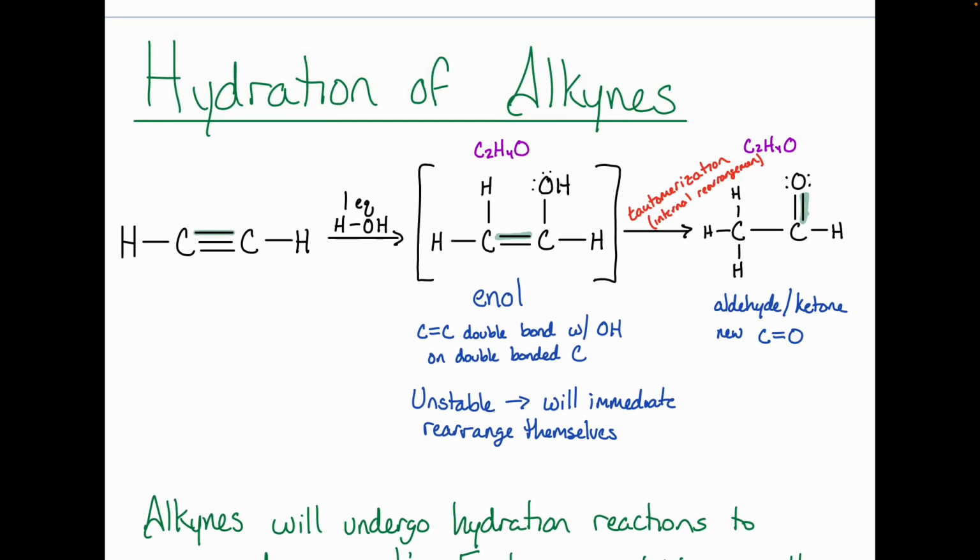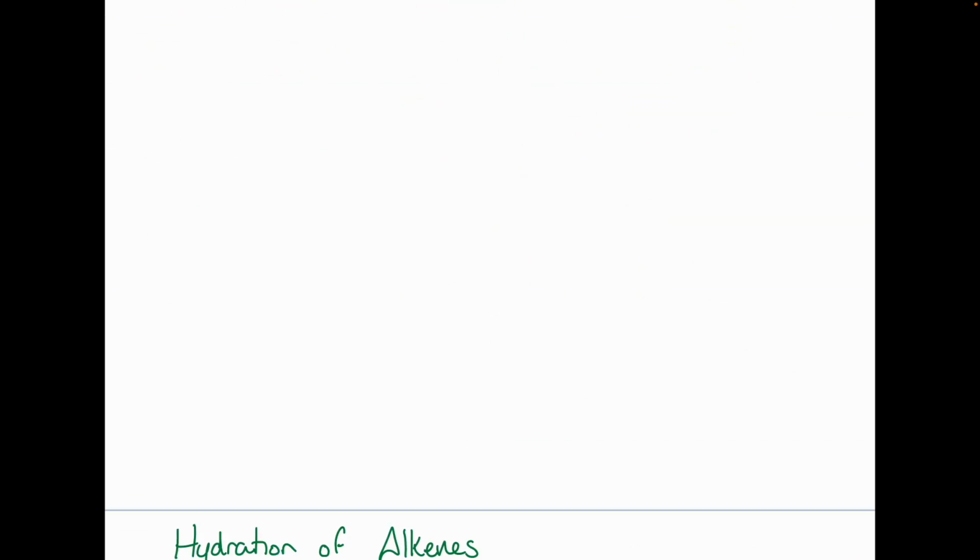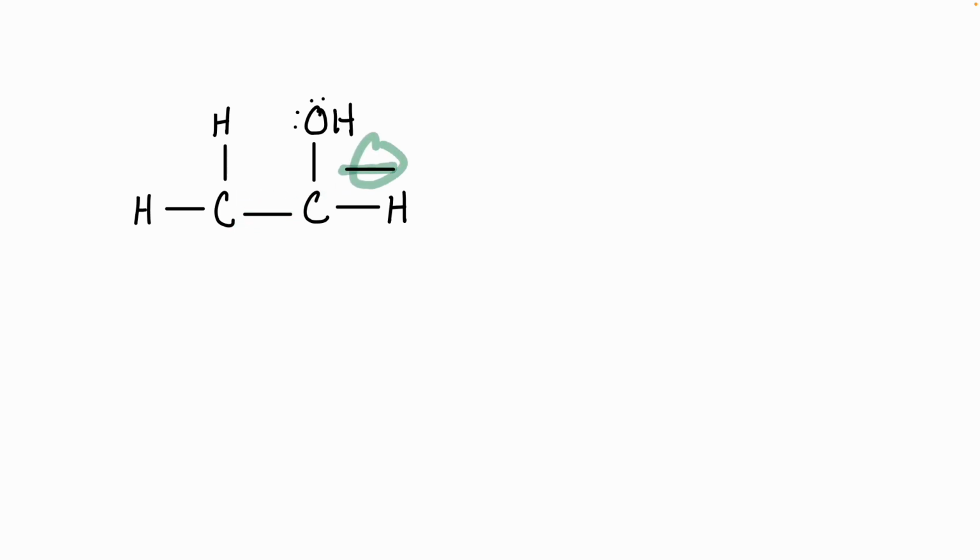Okay, so let me take my Lewis structure real quick just to kind of prove a point. When I'm doing my tautomerization here, I'm going to pick up this carbon-carbon double bond and move it over so that it becomes a carbon-oxygen double bond. So I'm going to pick up that pi bond and move it over.